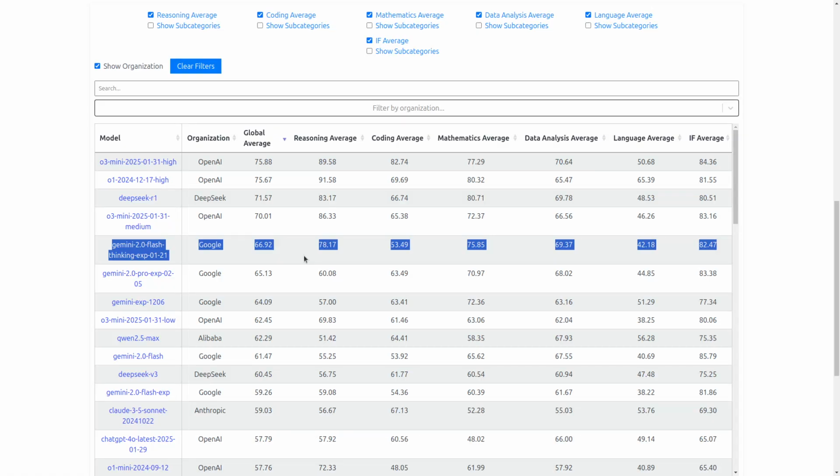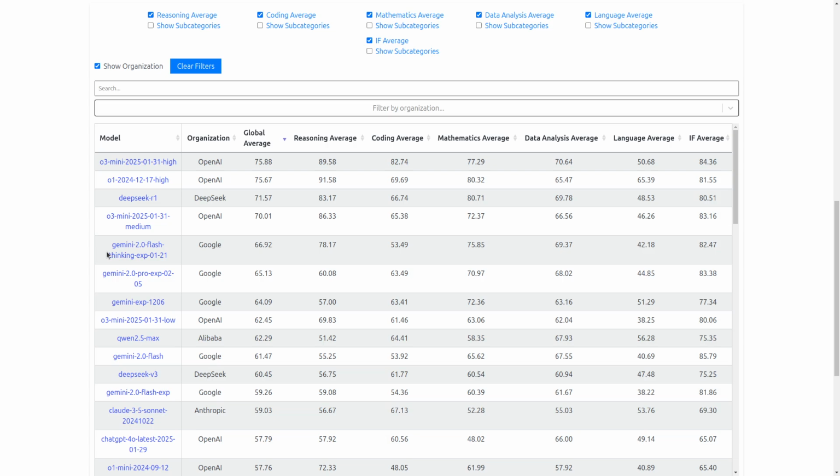But I was using it quite a bit, because when you use O1 and O3, they might give you limitations, especially if you use the free version. And DeepSeek R1 oftentimes could be slow to answer, but also sometimes doesn't even answer since it got popular, because I suppose a lot of people are using it. So Gemini 2 Flash thinking could be a great alternative, at least if you can't use the other ones.